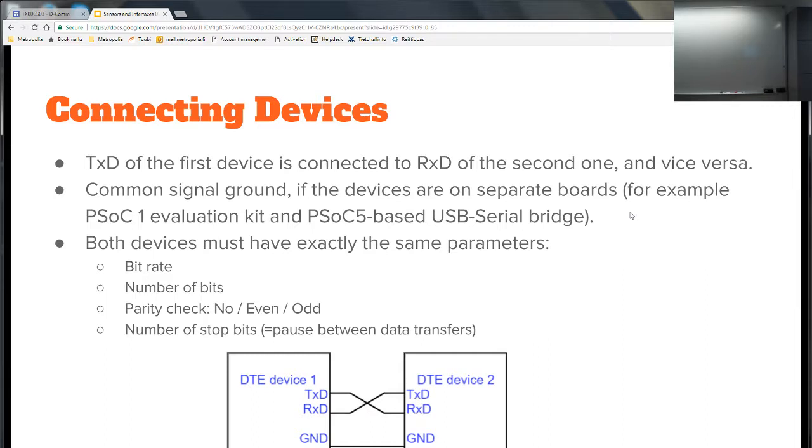The difference is only whether it has a male or female D connector, which we don't have anymore on computers or anywhere else.